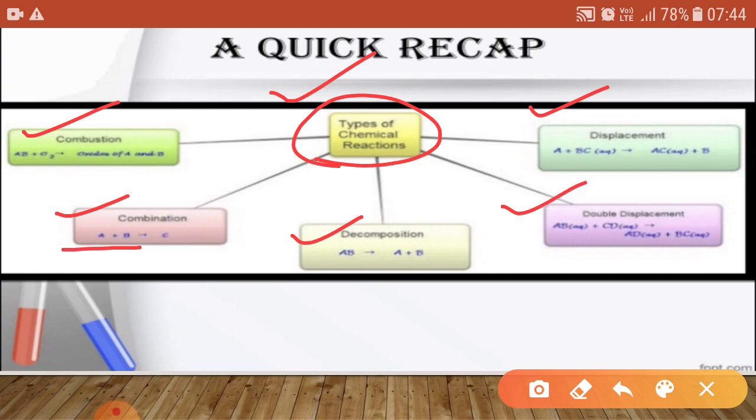Basically, in the combination reaction, two smaller molecules combine and one bigger molecule forms. Similarly, decomposition means decompose: one bigger molecule dissociates into two smaller ones. In displacement, one more reactive element displaces the less reactive one, and in double displacement, a more reactive element also displaces the less reactive element, but in two turns. And the redox reaction is basically one in which reduction and oxidation go on simultaneously.